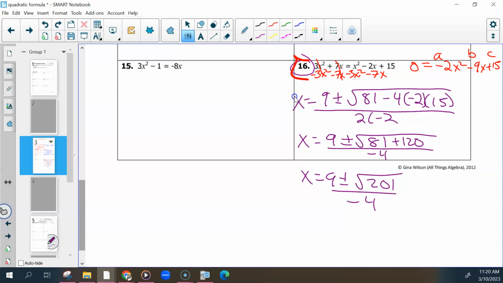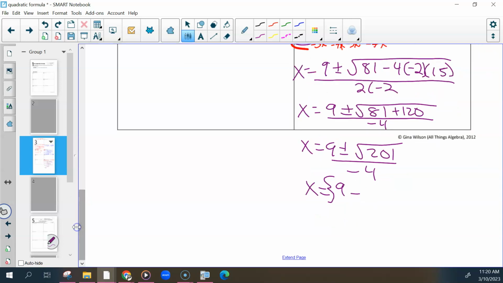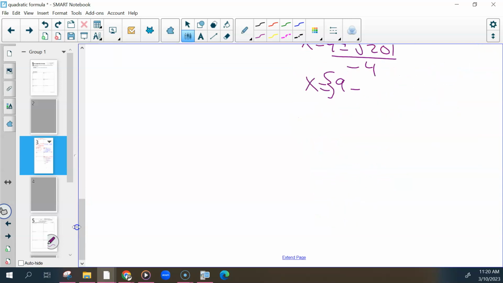No. So we would just separate it. 9 minus the square root of 201 all over negative 4, and 9 plus the square root of 201 all over negative 4.